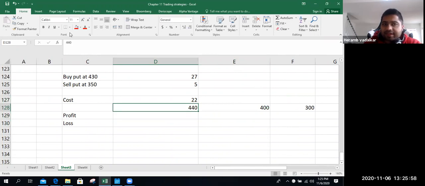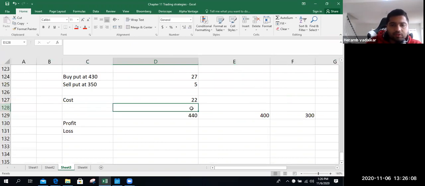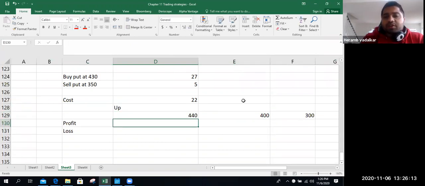So stock price is at 440, that is the stock has gone up. So I'll include one more column. Stock has gone up. So if a stock has gone up, what will be my profit or loss?